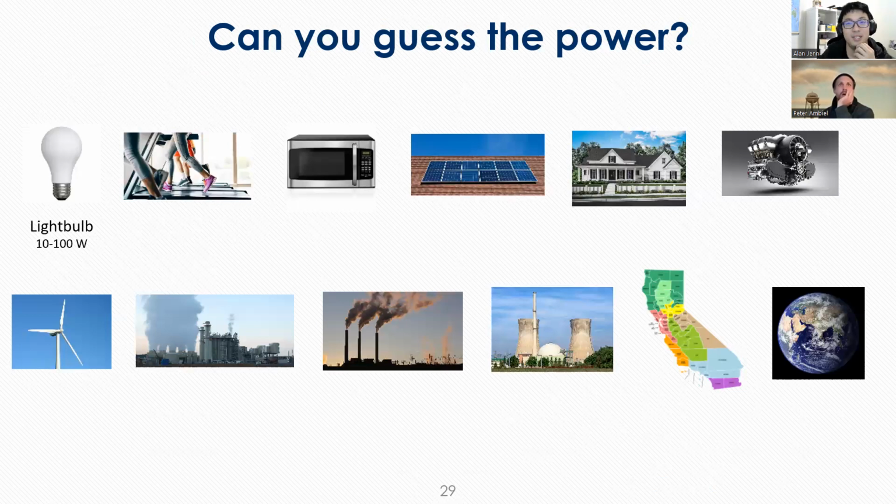And that has really come down in power consumption, thanks to first CFLs and then to LEDs. Now you're talking about producing the same amount of end service, right? So the light, for a small fraction of the energy consumption. So these days, it would be a much better answer to say 1 to 10 watts instead of 10 to 100 watts.